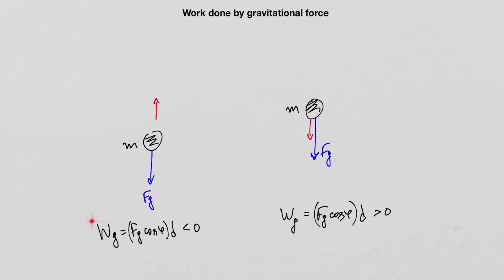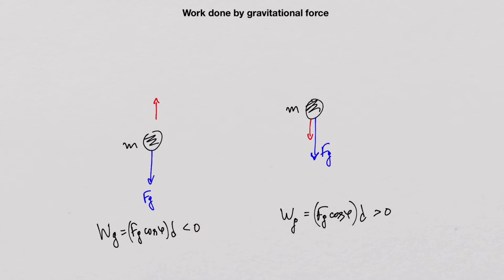The work done by the gravitational force in that particular case will be simply the gravitational force times the cosine of the angle between the displacement and the gravitational force times the displacement itself. Well, the angle between the displacement and the gravitational force here is 180 degrees. So therefore, the work done by the gravitational force when the object is traveling up in the air is negative.